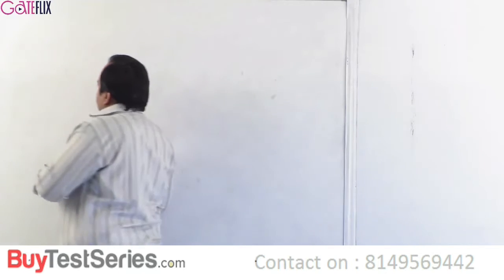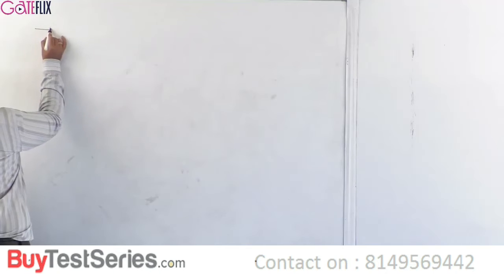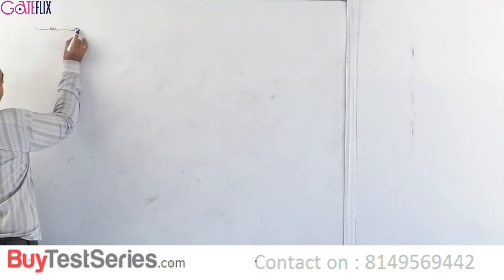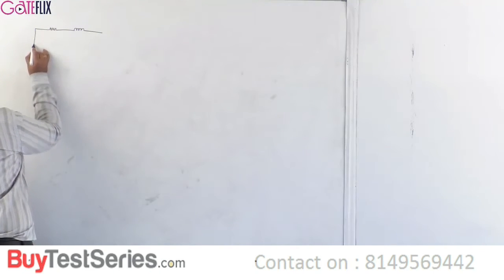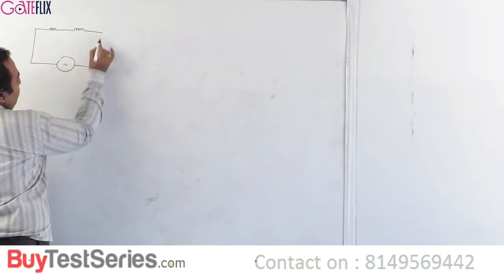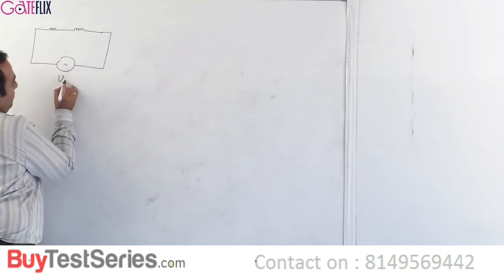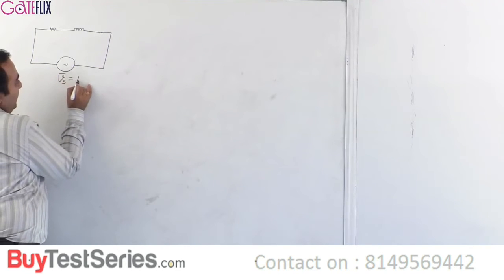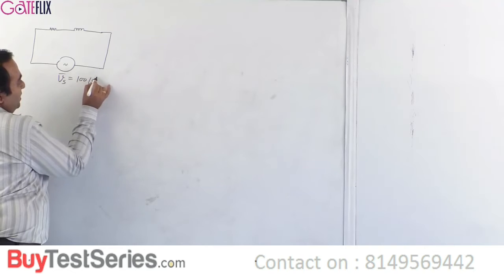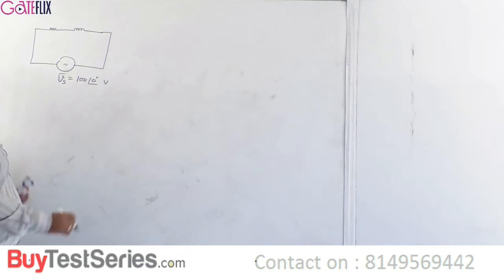Now let me take a very simple example to start with. Say we have a series RL circuit. Say this is your supply voltage, which we shall take as the reference, and this is 100 angle 0 degrees volts.